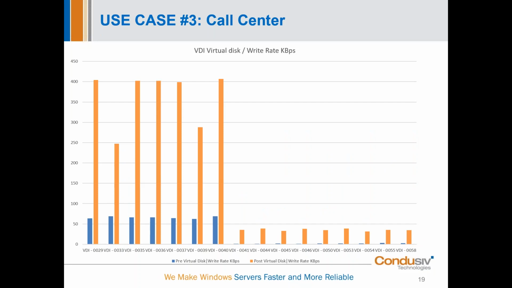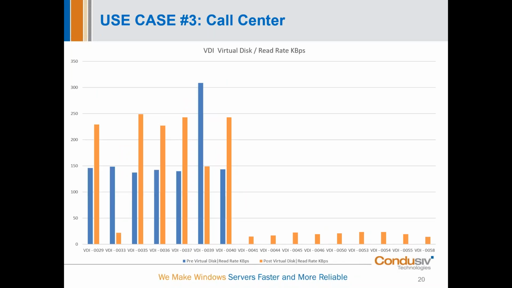And with the write rate in kilobytes per second, this shows the average number of kilobytes written to the disk each second. And as we can see, across the board every system has realized a significant increase in productivity. And this would tie back to Velocity transforming those small split random IOs to contiguous sequential type data streams.